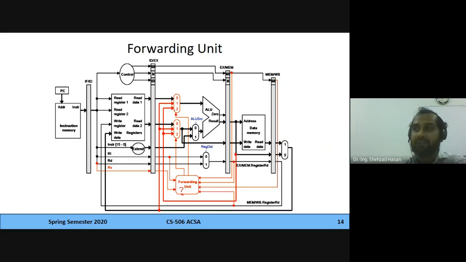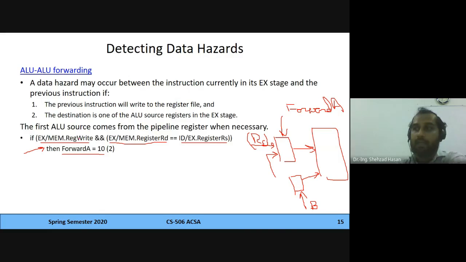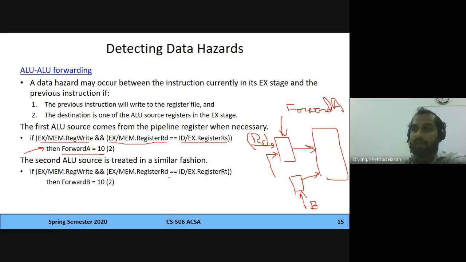So we have selected the value 2, because if we need to forward from this case to the ALU, then we have to generate the value of 2 over here. So if the source register and destination register are matching, then you have to forward 2. Now this was for the first input. Similarly for the second input, you can do the same thing, but instead of RS, there would be RT.